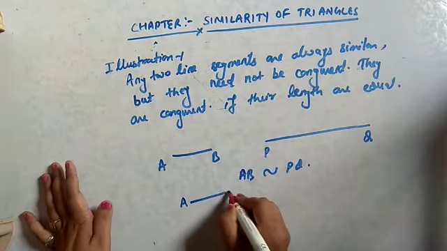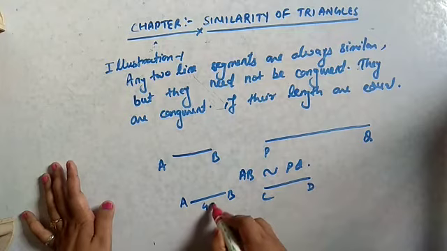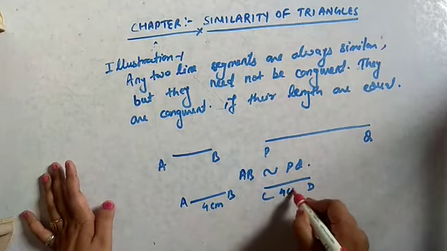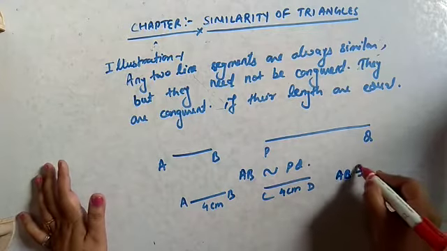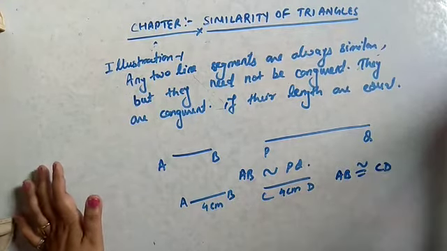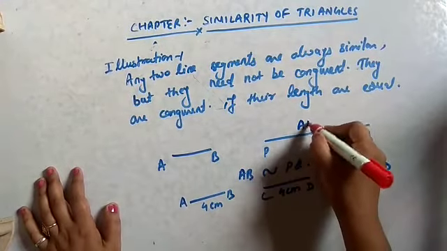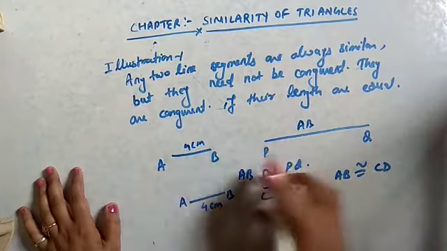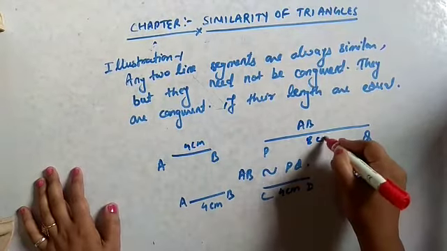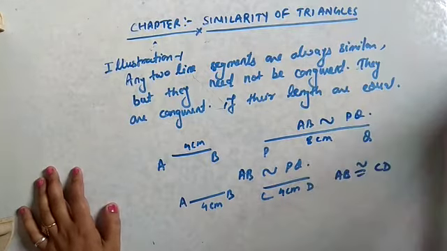Suppose I am taking a line CD which has the same length, if AB is 4 centimeter and this is also 4 centimeter, then I can say that AB is congruent to CD. But I cannot say that AB is congruent to PQ, because AB is 4 and PQ is longer than that. Suppose it is 8 centimeter, so AB and PQ are similar.